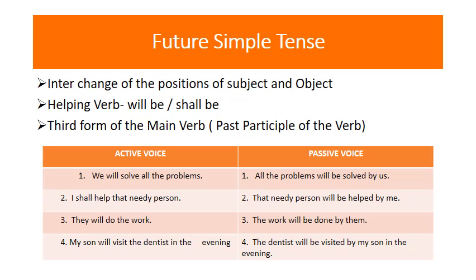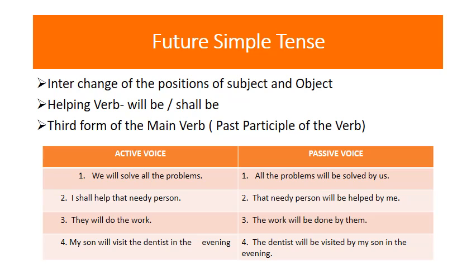So the helping verbs used here are "will be" and "shall be." It means "will be" or "shall be." Either of the two helping verbs will be used in the sentence.